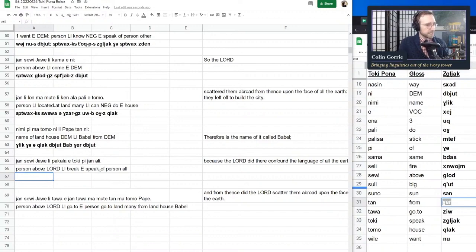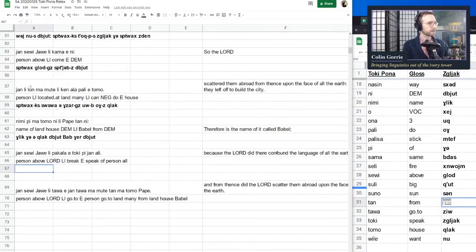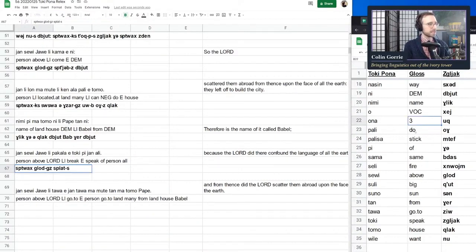All right. Then next we have Yansewi, the person above, Sptwach Glodgs. Then we need our splats, because it has a direct object. This a in Toki Pona, s in our language, introduces a direct object. And then we need speak of person all, so the speech of all people.